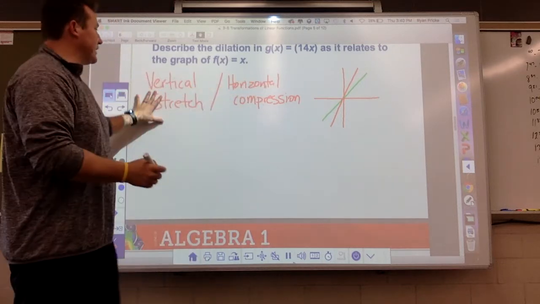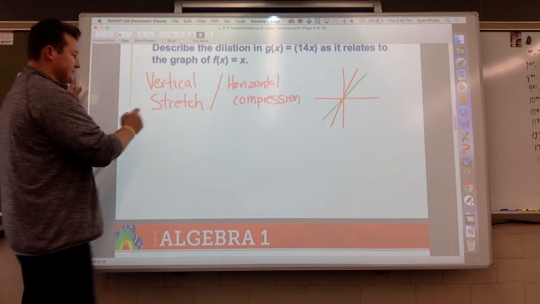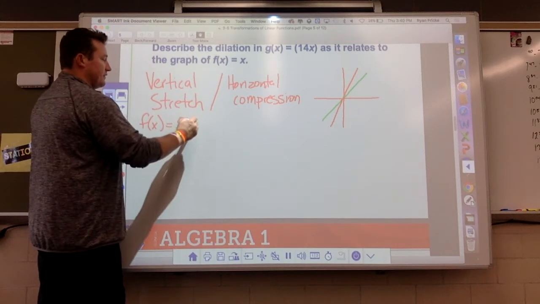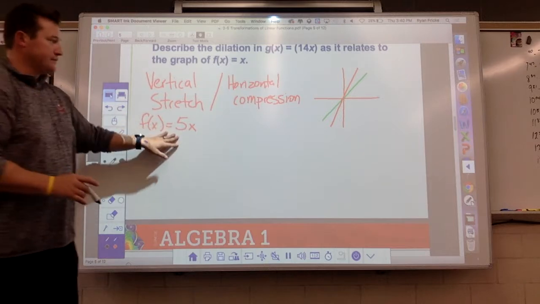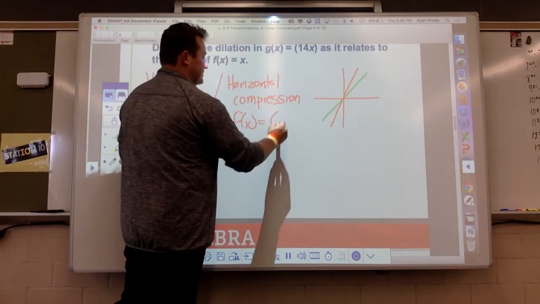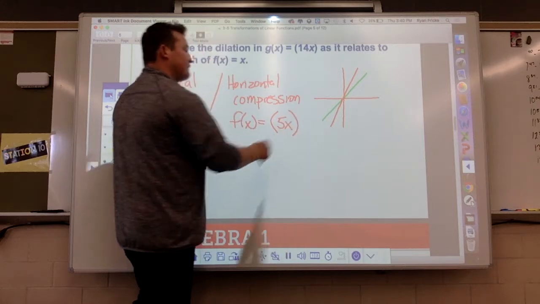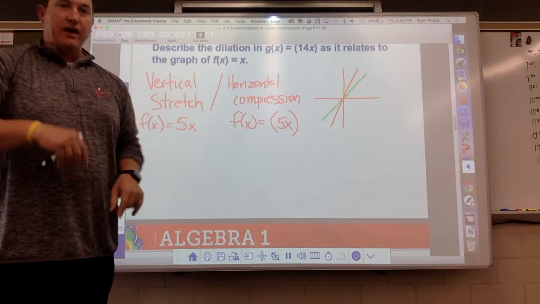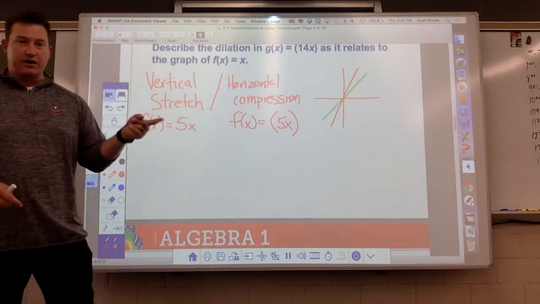So if we see something that looks like this, f of x equals 5x. Okay? If we see this, f of x equals, and then in parentheses, 5x. Okay? This is my dead giveaway for which one of these I'm going to use, right?